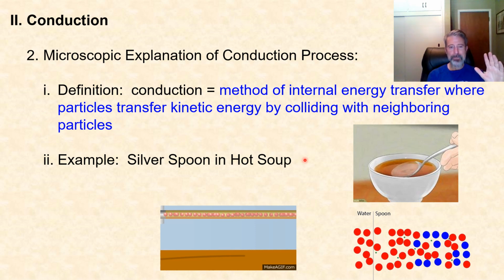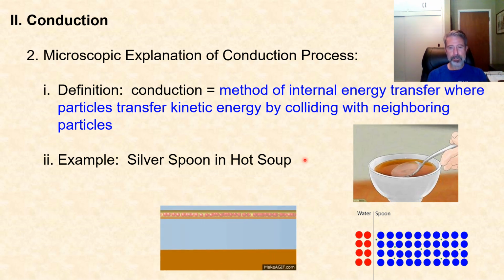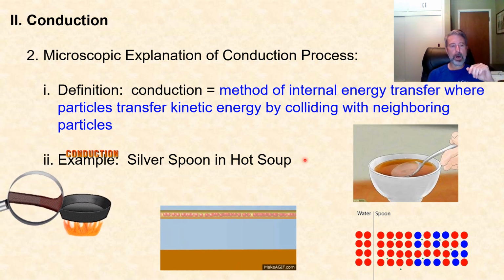Again, not great, but when it starts from the beginning, you'll see that the particles near the hot source, a high temperature object, gain kinetic energy, and through this process of particle collisions, this kinetic energy gets transferred down the rod.